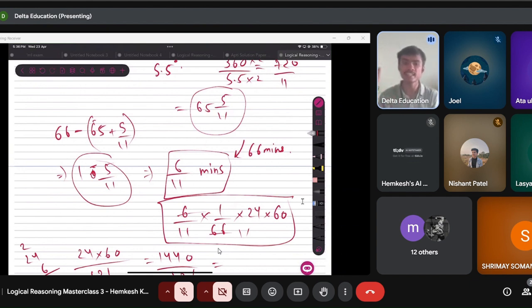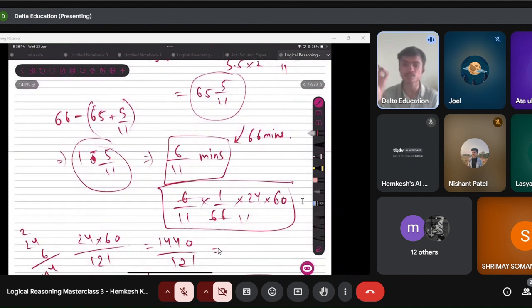But I need to find it in 24 hours. So firstly, I divided it by 66 to get how much it is behind in just a single minute. So what I did was 6 by 11 times 1 upon 66. So I will get how much the clock is running behind in 1 minute. That's why I did 1 by 66.